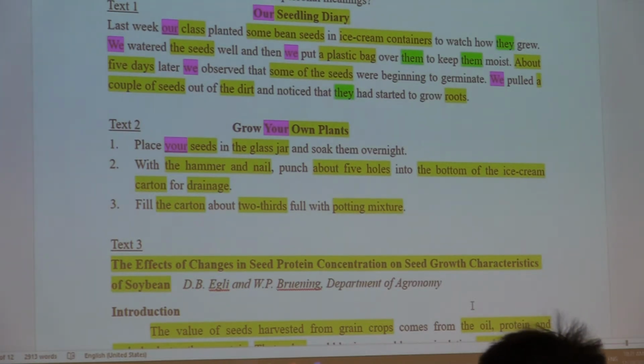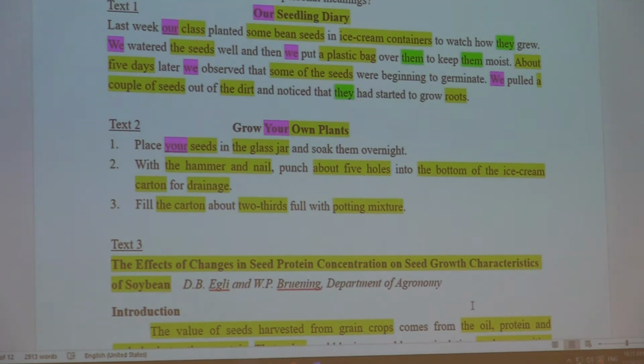Okay, but there is one major difference in terms of nouns here, between text 1 and text 2. Text 1 has got a lot of what? Pronouns. First person pronouns about ourselves. Then how about text 2?